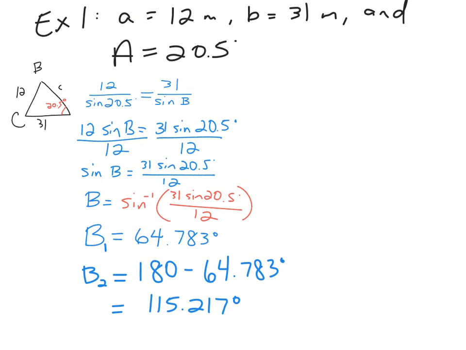You'll see in the next two examples, after we finish with this one, how it becomes obvious that there is either no solution or only one triangle. That will be clear in the next examples. So, what we have here are two possibilities for angle B. We've got our B1 right there, and we've got our B2 right here.